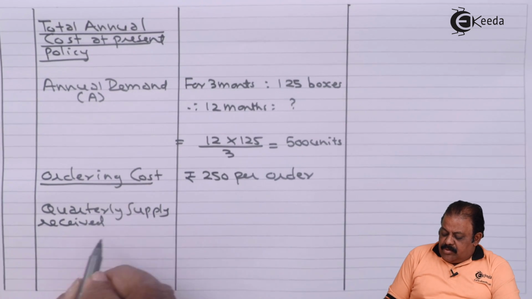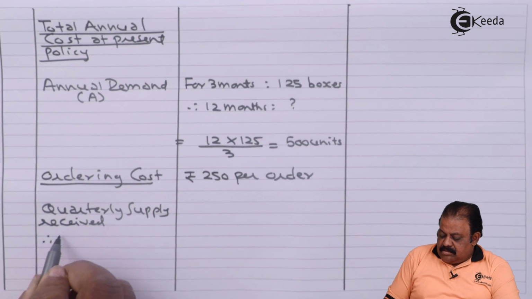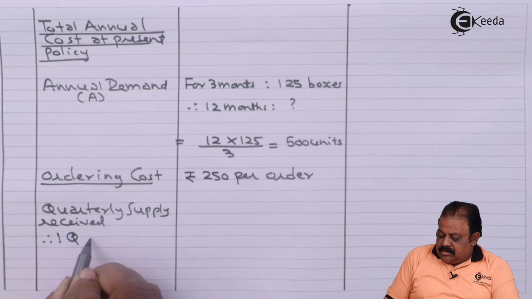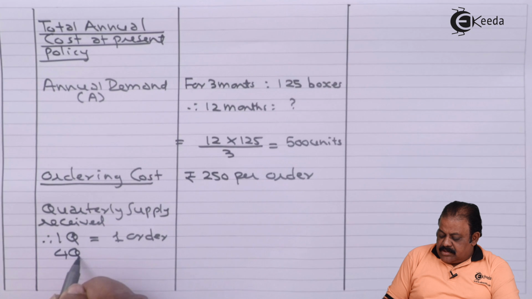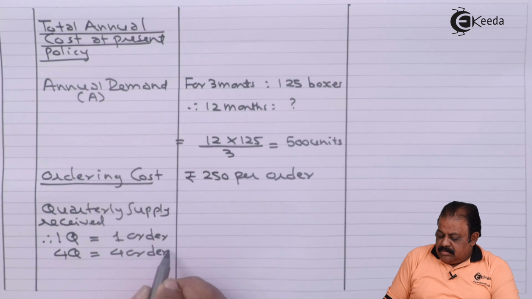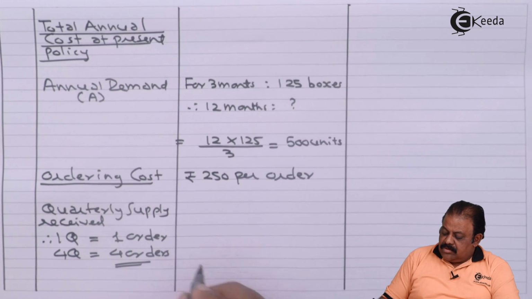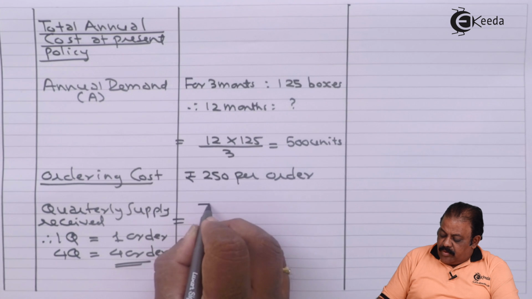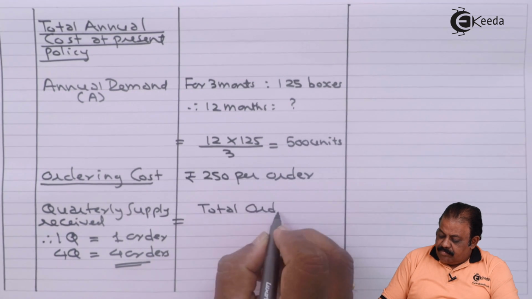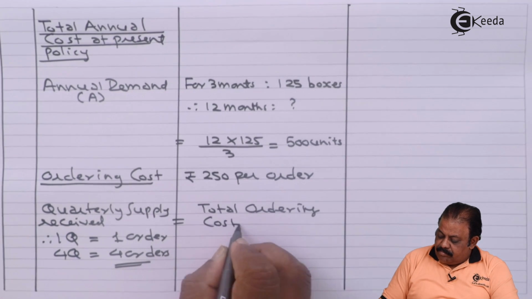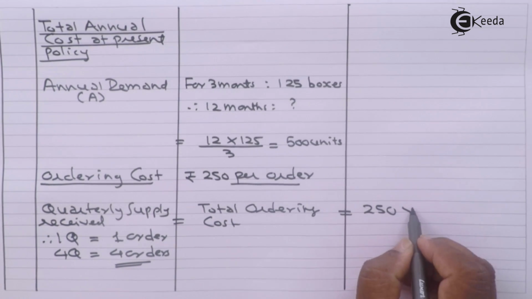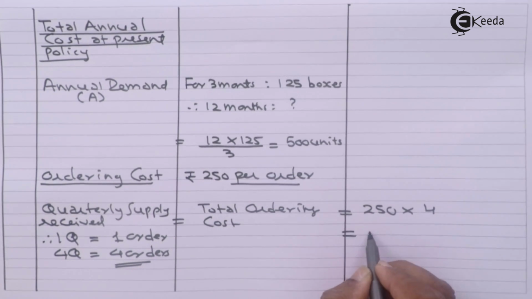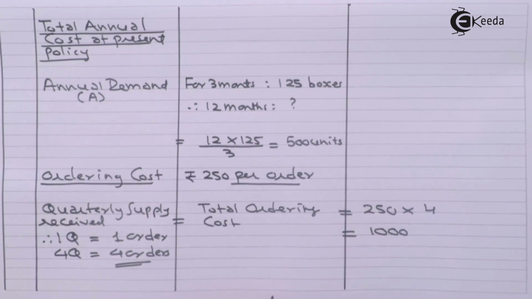Quarterly supply received, that means one quarter there will be one order, 4 quarters there will be 4 orders. So ordering cost we can calculate: rupees 250 per order multiplied by 4, it will be rupees 1000.